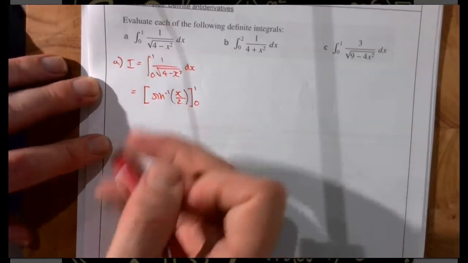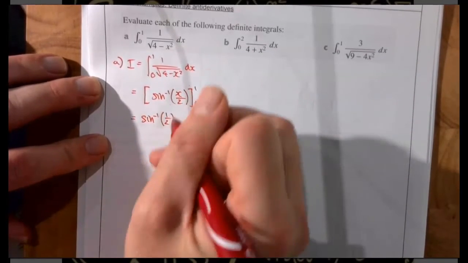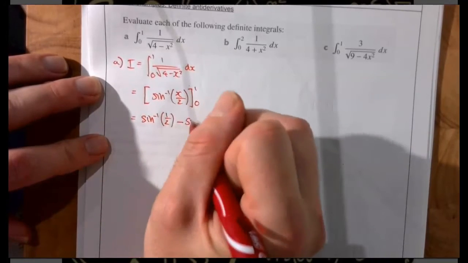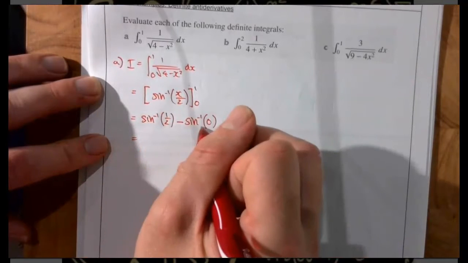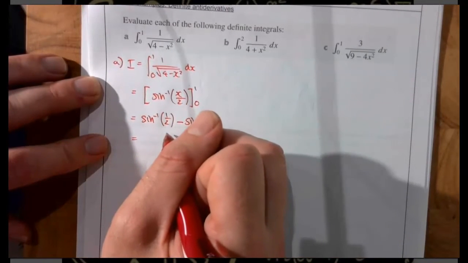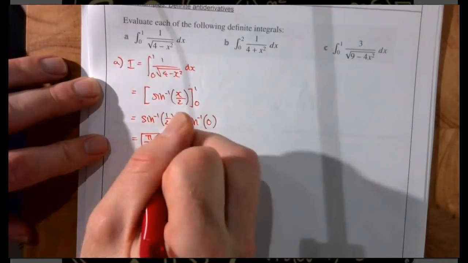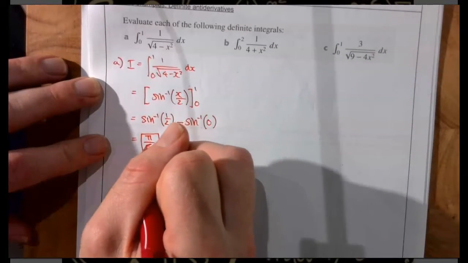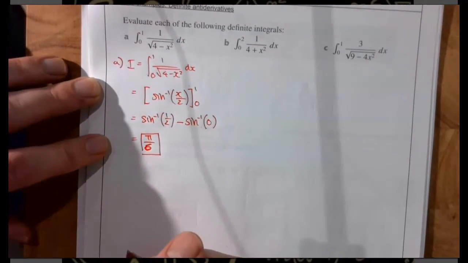That's our notation. So substituting in, that's sine inverse of a half, substituting in 1, take away sine inverse of 0. So sine inverse of 0 is 0, but sine inverse of a half is pi over 6. And that's one of our known values. Sine of pi over 6 is a half, so sine inverse of a half is pi over 6.